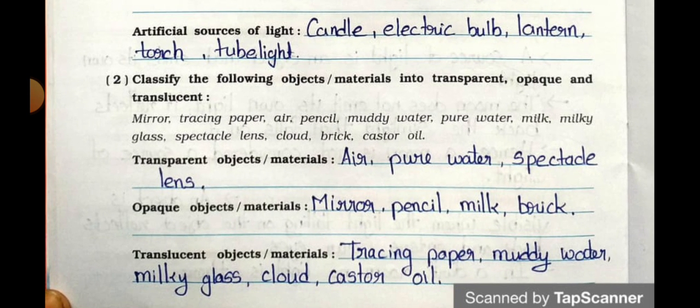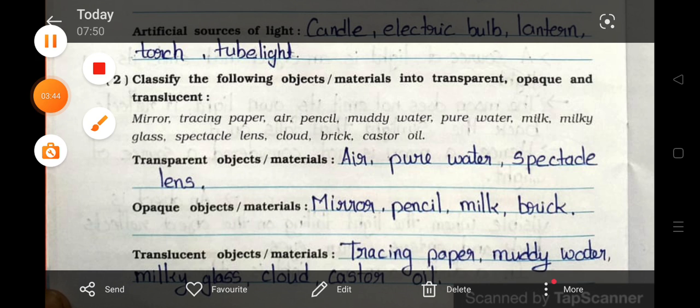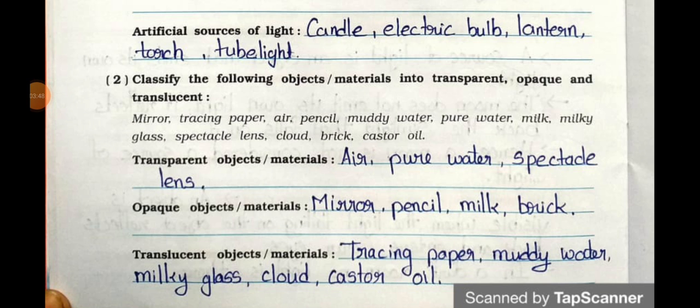Now see number 2. Classify the following objects, materials into transparent, opaque and translucent: mirror, tracing paper, air, pencil, muddy water, pure water, milk, milky glass, spectacle lens, cloud, brick, castor oil.